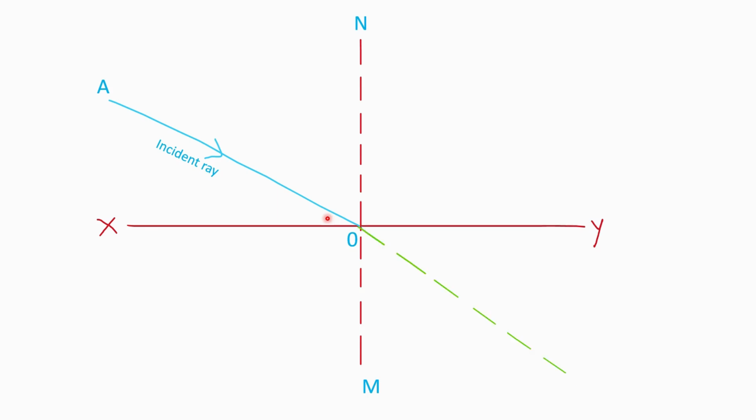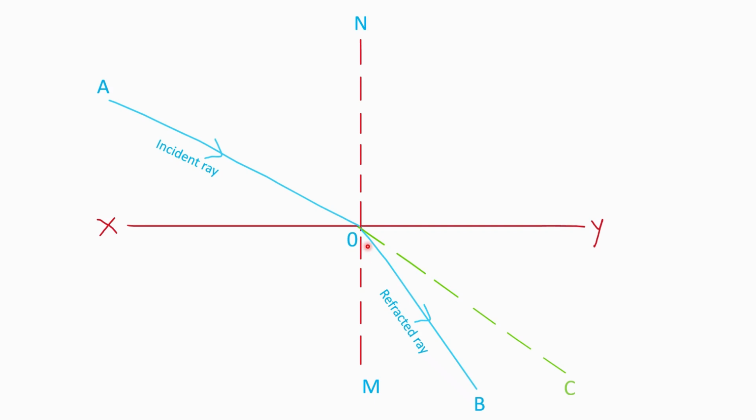Here we see the path that it should travel. AO being the incident ray, the path that it is supposed to travel is OC. But instead of traveling in the path OC, it travels as the refracted ray OB. So here we see that the ray of light is traveling towards the normal. Instead of going in this path, it's traveling in this path.